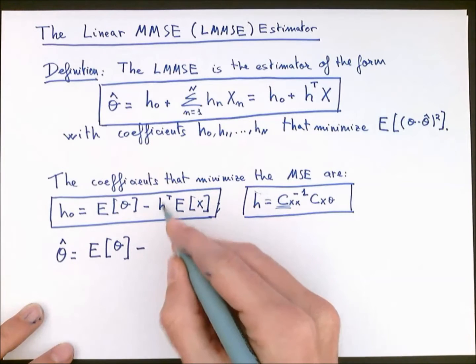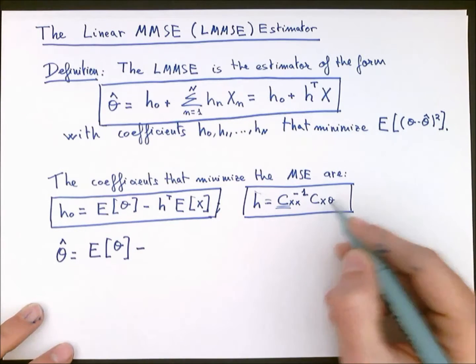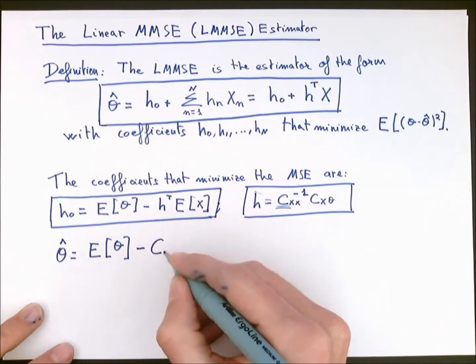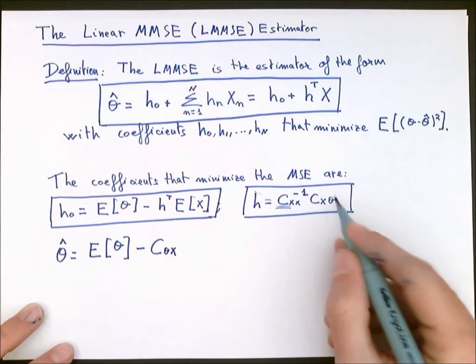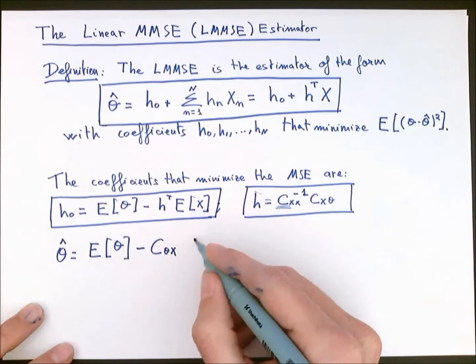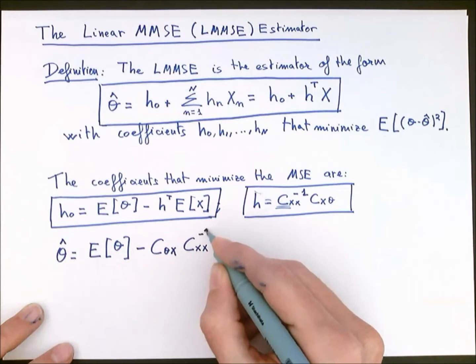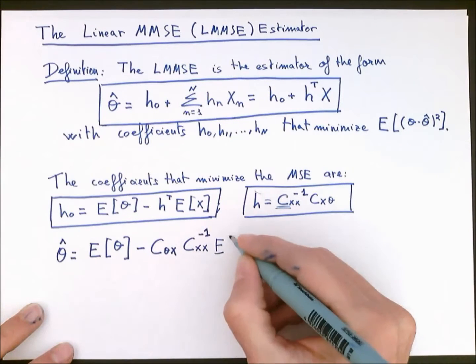When I transpose the vector h, the covariance matrices will also be transposed, but we know that if we transpose the covariance matrix, this corresponds to simply switching the arguments of this covariance vector here, and then we get the inverse of the covariance of the data, multiplying the expectation of X.